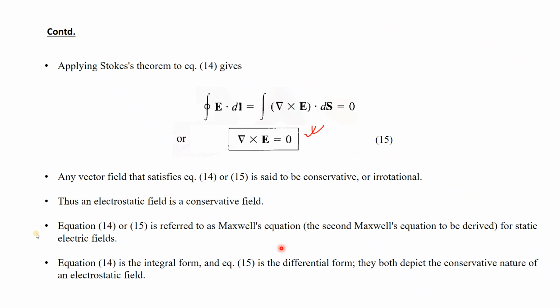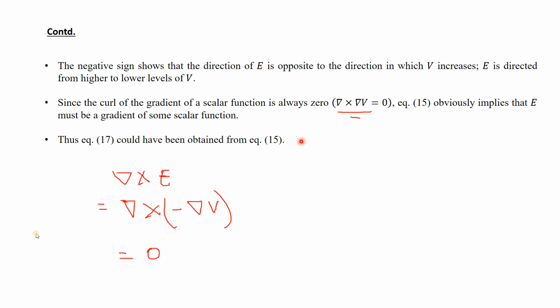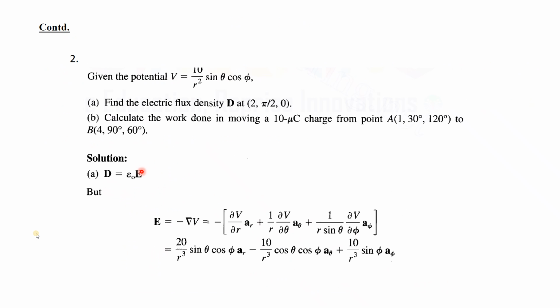So now we have proved that E is a gradient of potential, which is why the curl is 0. This is a law that curl of gradient of V is 0. If you take any scalar, find its gradient and then find the curl, it will always become 0. If you try this at home, you will see it always comes 0. This is the reason why curl of E is 0.